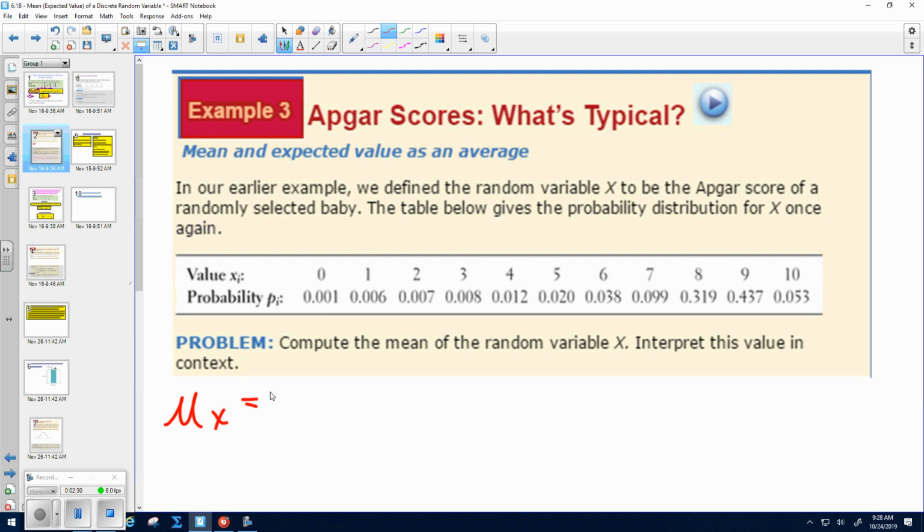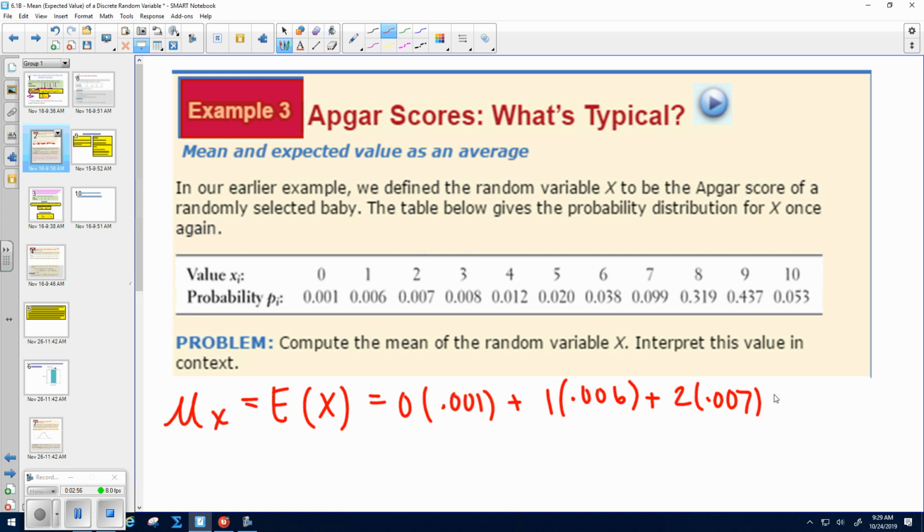I'm also going to write E of x, just so you can practice that, because those mean the same thing.